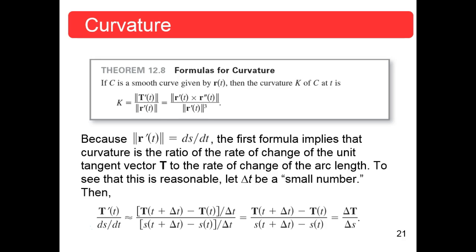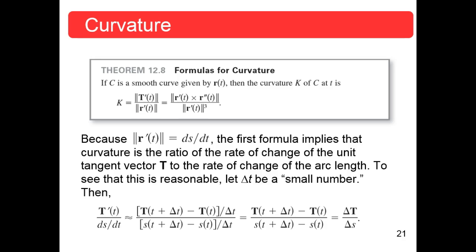This book actually calls it capital K of C, of that smooth curve C. Notice it's a smooth curve, meaning it has derivatives that make sense. If they had points or bends or cusps or things like that in them, it wouldn't be a smooth curve.